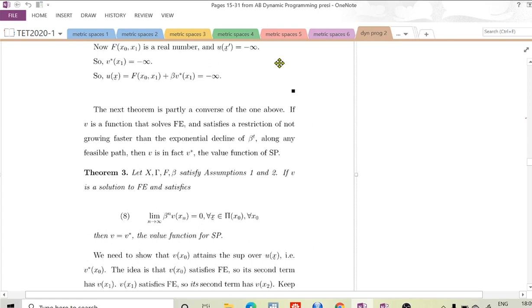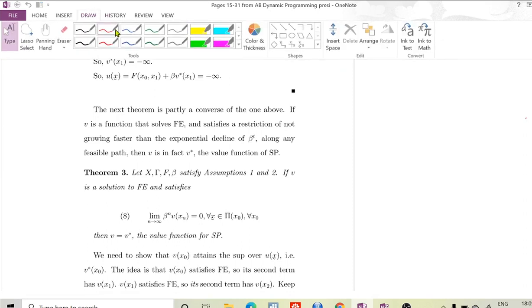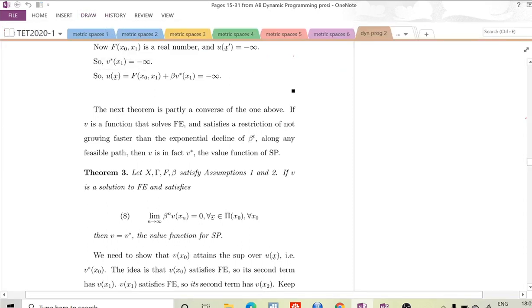So it says, suppose I have some V, suppose V solves V of x naught is equal to sup of f of x naught, x1 plus beta V of x1, over all feasible x1, feasible from x naught.